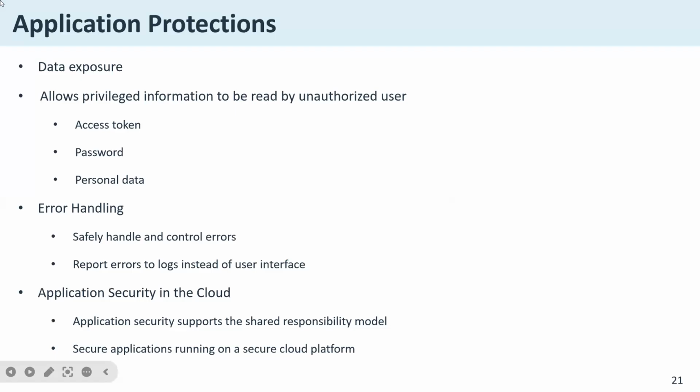So you want to handle your error messages very well, because if you don't, it's going to lead to data exposure. If an error happens, take somebody to a 404 error page, or a contact page, where you say, sorry, what you're looking for is not found, you can contact us for this. But if you allow the system to throw up its natural error code, it might throw up things that you don't want it to throw up, right?